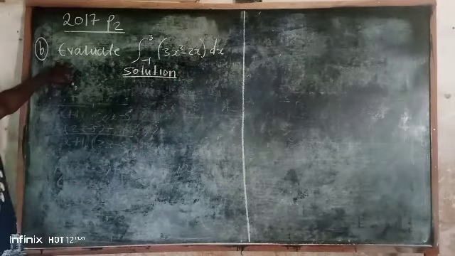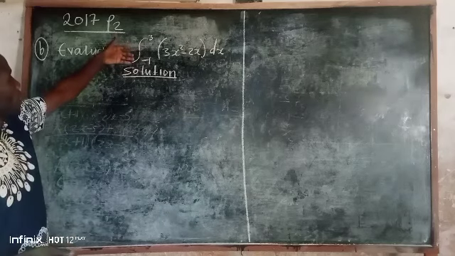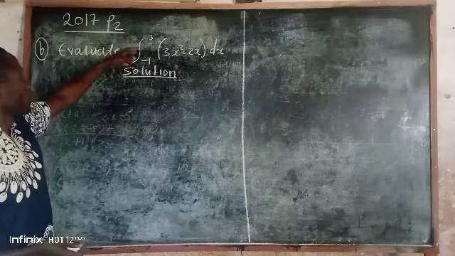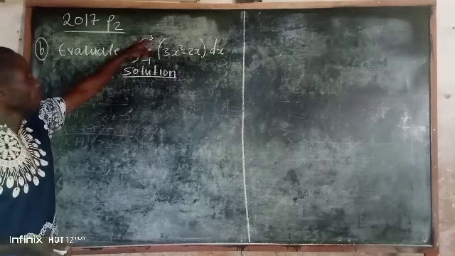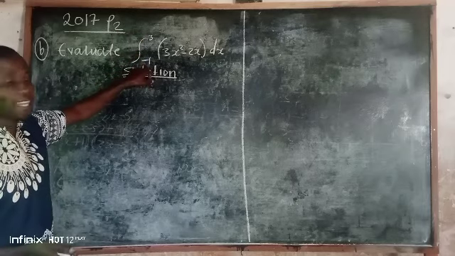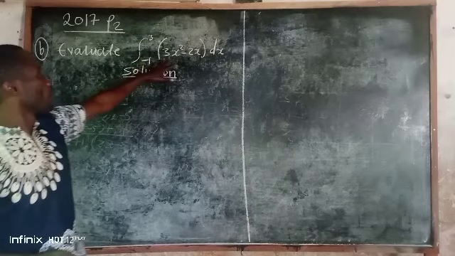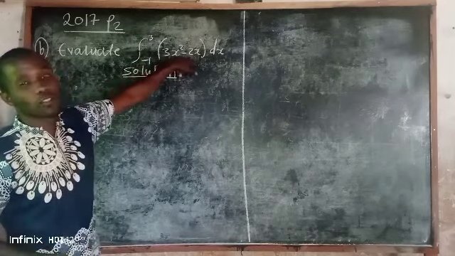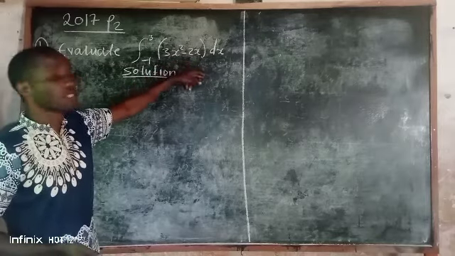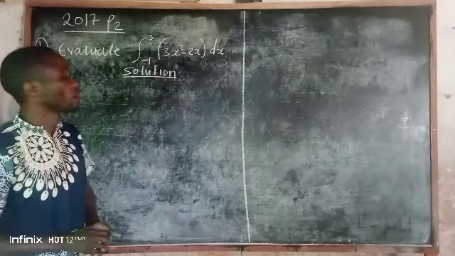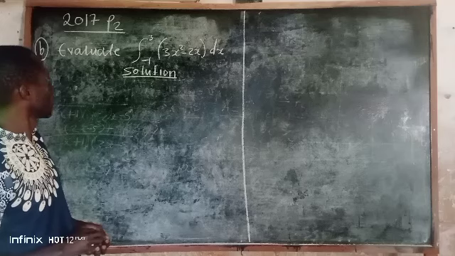So the question says, evaluate the integral, the upper limit, which is 3, lower limit, -1, open bracket, 3x squared minus 2x, close, with respect to x.